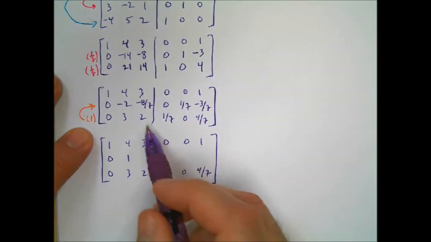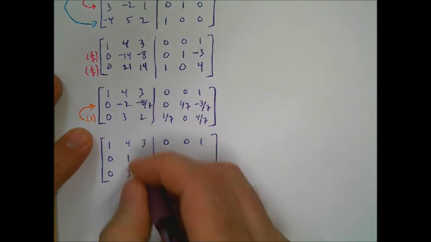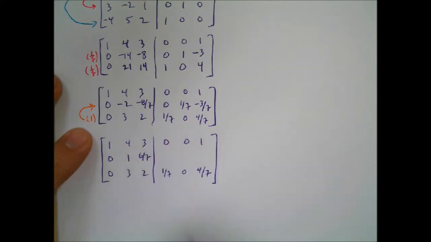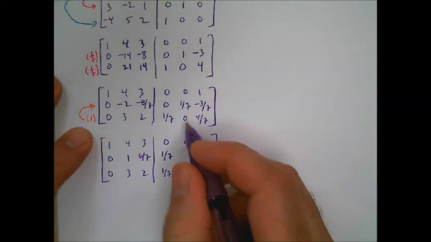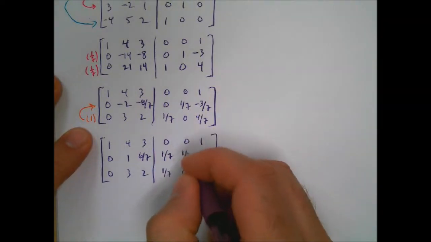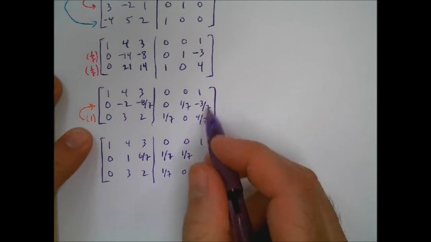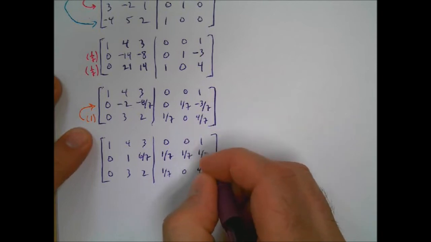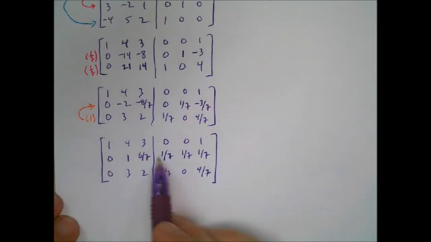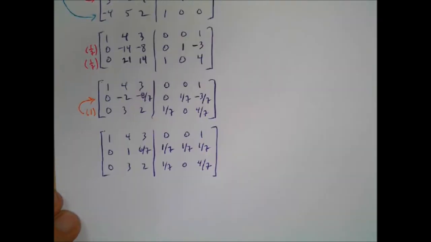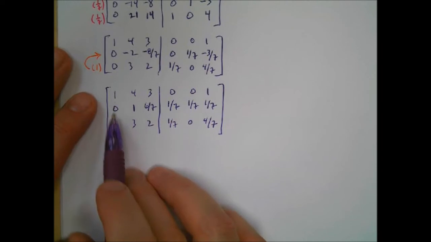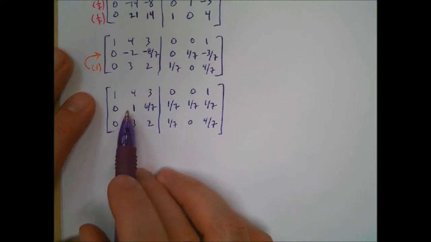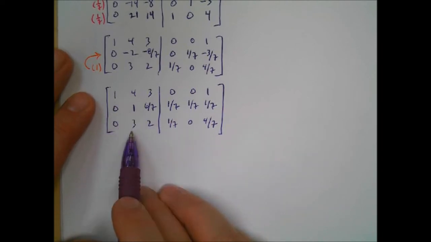So 14 sevenths plus negative 8 sevenths is 6 sevenths. 1 seventh plus 0. 0 plus 1 seventh. 4 sevenths plus negative 3 sevenths. And that's kind of odd, getting 1 seventh all the way across over there. Okay, but we've got the top left one and the zeros beneath it. I've got the next one in the main diagonal. I need to get the 0 beneath it.